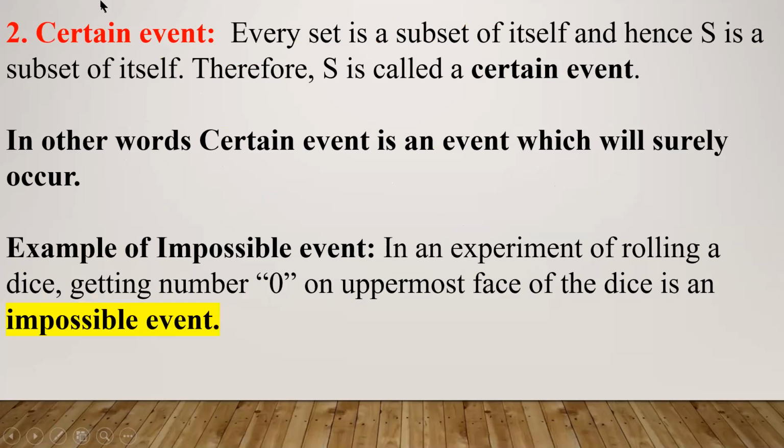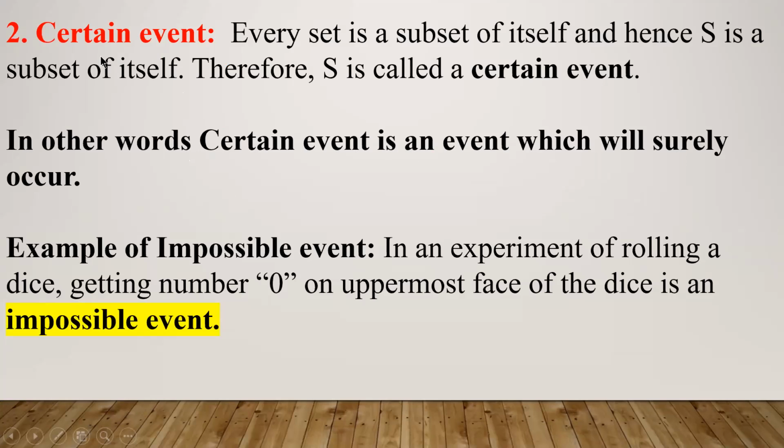First one done. Let us see the certain event. How have I defined the certain event? Certain event is an event which will surely occur. वो आएगा ही, occur होगा ही. ऐसे event को हम बोलते हैं the certain event.